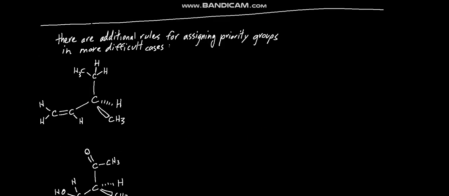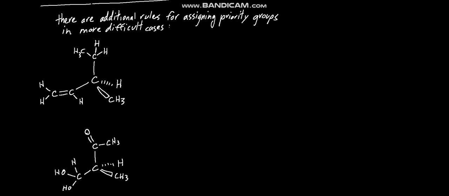Now, there are additional rules for assigning priority groups in more complex scenarios. This one here, we have a chirality center right there. Group 4 is easy to spot. Then you go atom by atom.